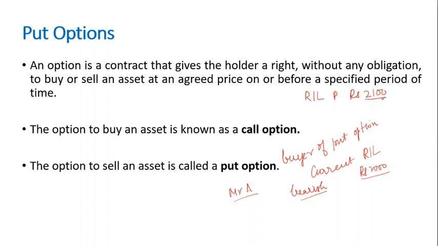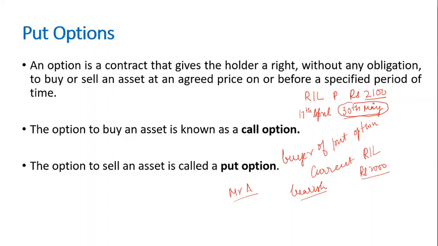So this becomes a 2100 rupees exercise price and you will have an expiry date. Let's assume the expiry date is 30th May. At present, we are sitting on 17th April and the contract expiry date is 30th May. So Mr. A is buying an option to sell the Reliance share at rupees 2100 on 30th May.